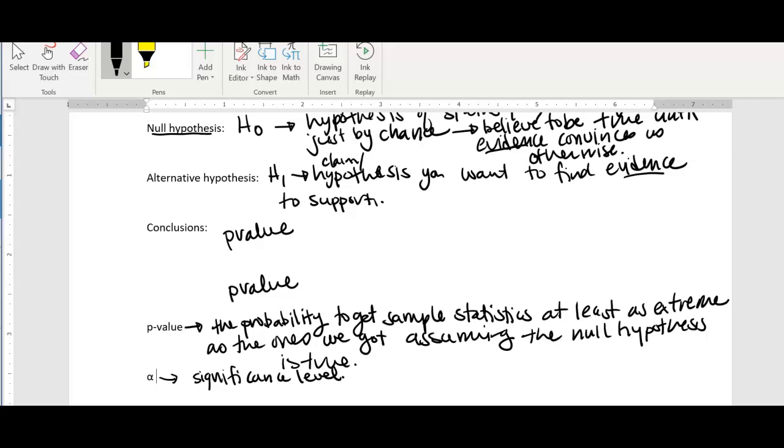If our p-value is less than our significance value, then we are going to reject H0. If our p-value is greater than or equal to our significance value, then you're going to fail to reject.